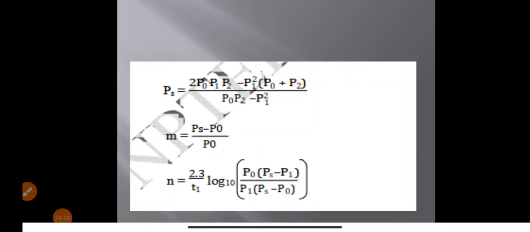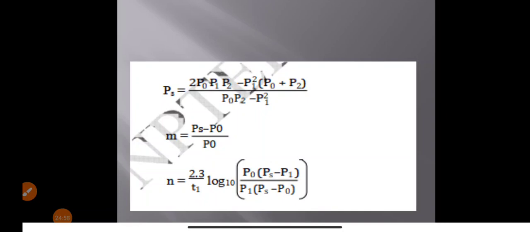The saturation population can be found out by using the formula 2 into P naught into P1 into P2 minus P1 square in a bracket, that is P naught plus P2, divided by P naught into P2 minus P1 square. So you have to remember this formula.